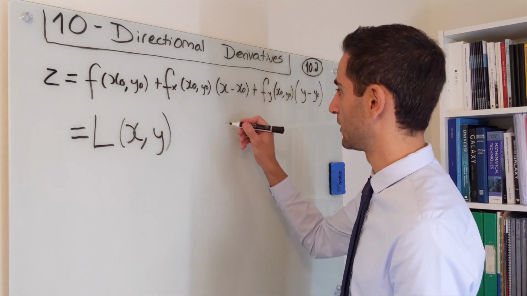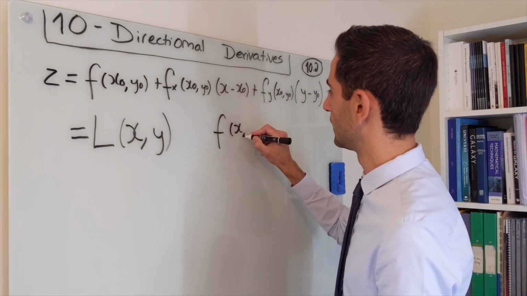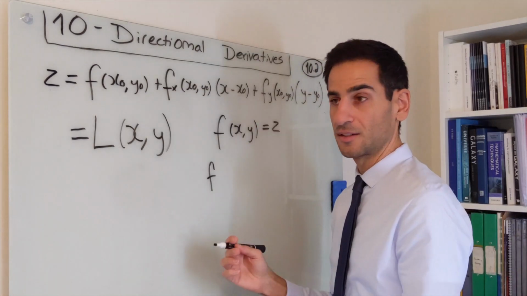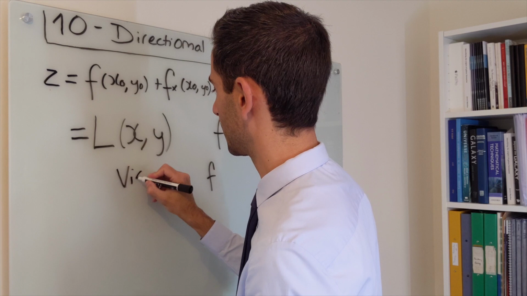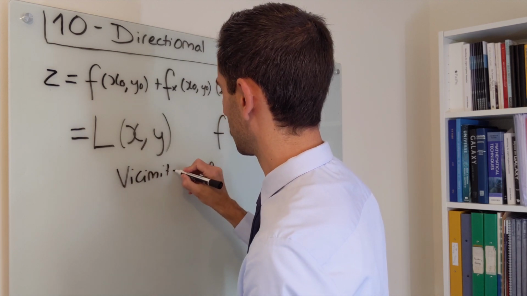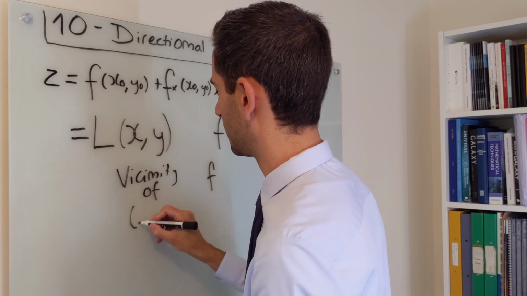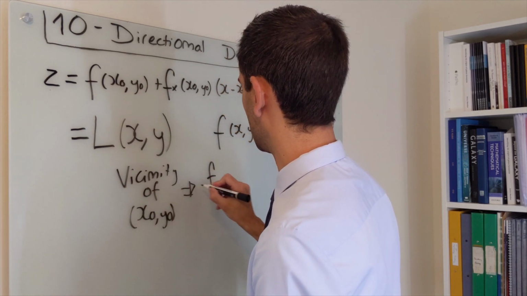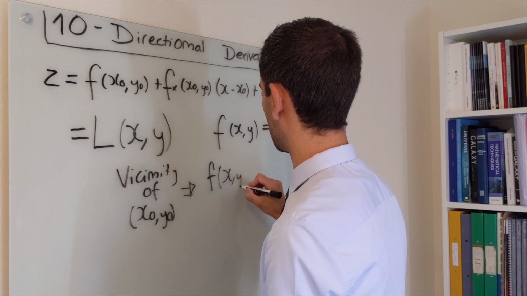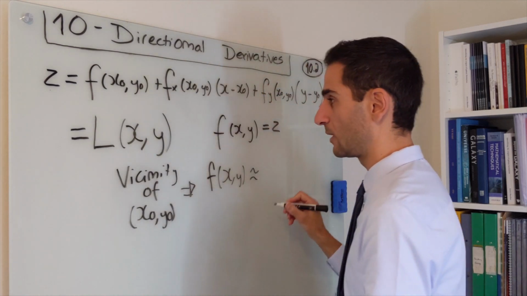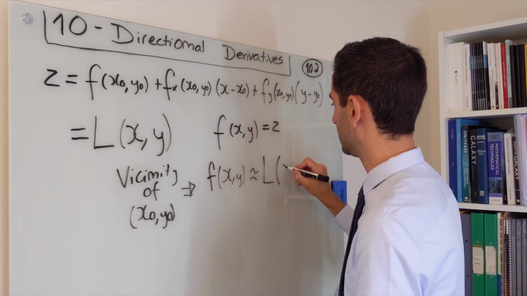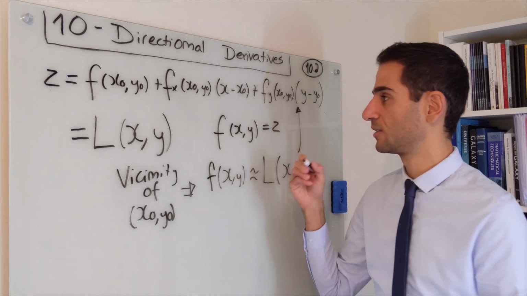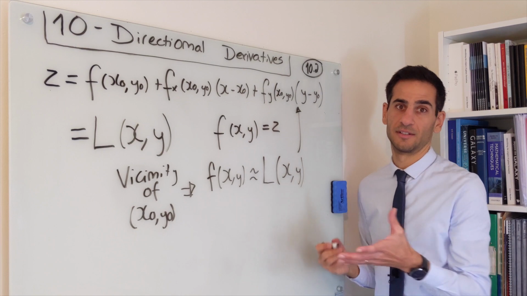Very simply, that if you have some function that depends on x and y as z, as long as you're in the vicinity of points x0, y0, then f(x,y) is very well approximated by the linear approximation, which can be written as the tangent plane.